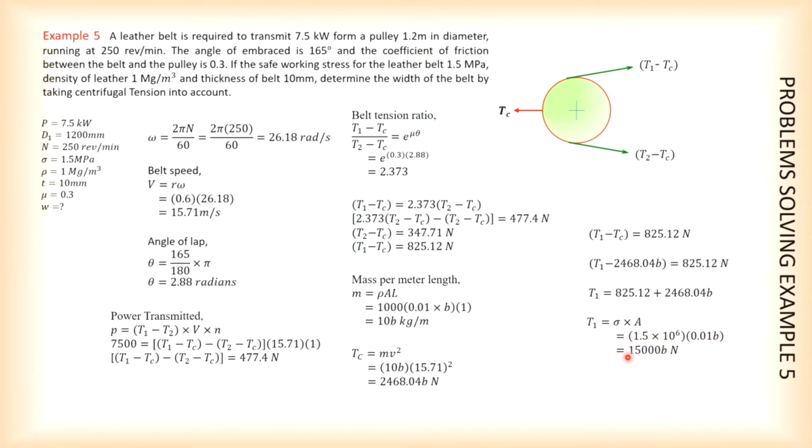So this is the stress. So you got T1 in terms of B here. Once you got this, substitute this value here for T1. So you will be able to find out the width of the belt is 0.066 meter. Okay? Thank you. That is example 5. We will continue to example 6 later on.